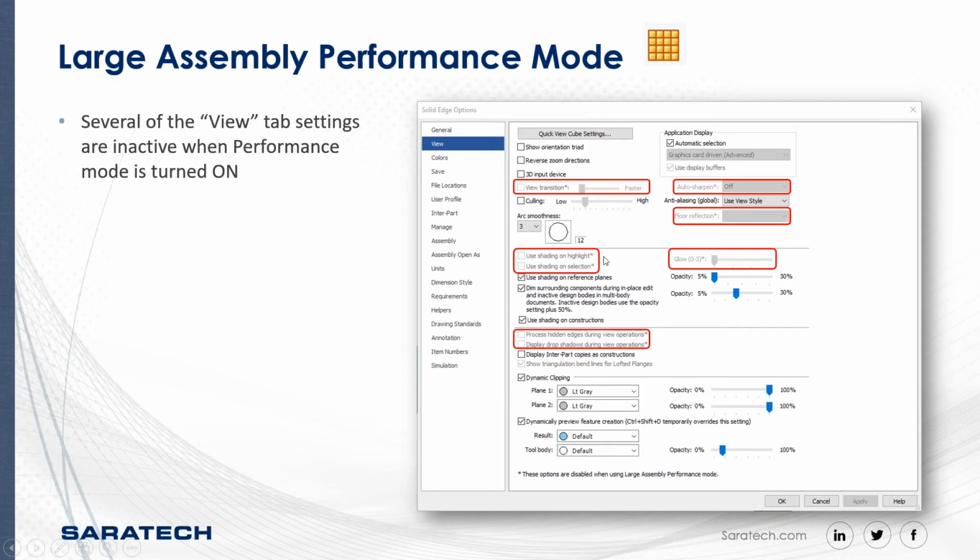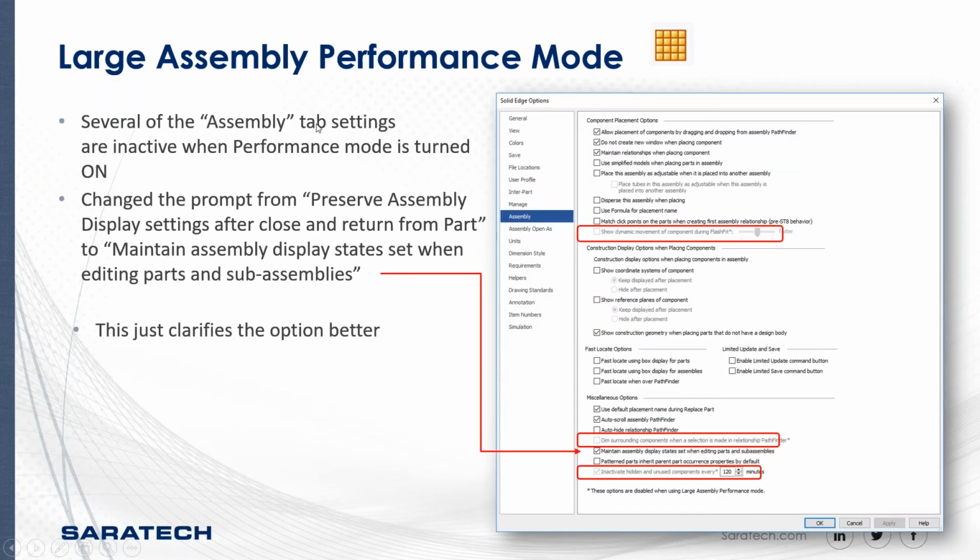I mean, those are big things. Next, the assembly tab settings are also inactive when performance mode is turned on. As you can see here: show dynamic movement, dim surrounding components, and the hidden lines and unused components. So there are three areas there that get turned off when performance mode is turned on.